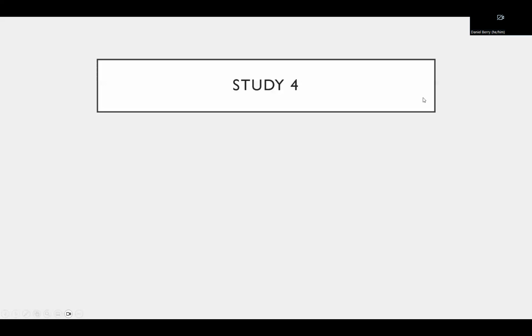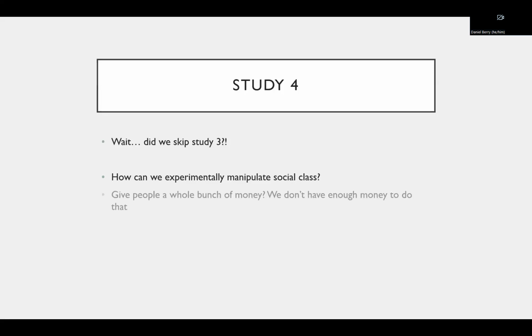So in study 4, we're going to skip study 3. Sorry about that. They asked, how can we experimentally manipulate social class? One way to do that might be just giving people a whole bunch of money, but we don't have enough money to do that. And you're not going to just be able to give people money in a field study.